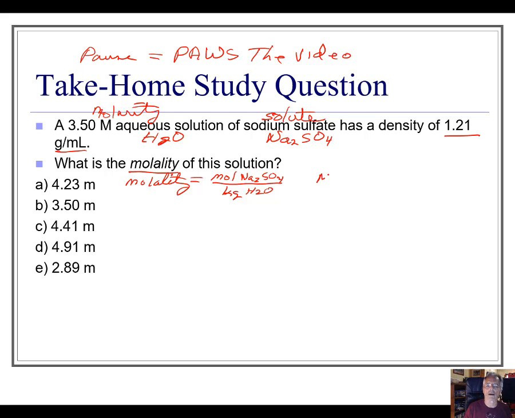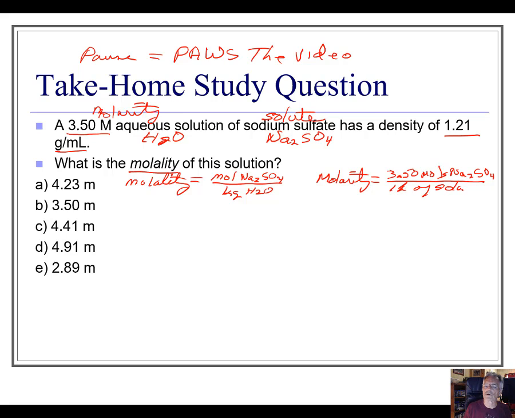The molarity is, and this is just the definition, and I'll go ahead and use the 3.50 molar. What this means is I have 3.50 moles of Na2SO4 in every 1 liter of solution.